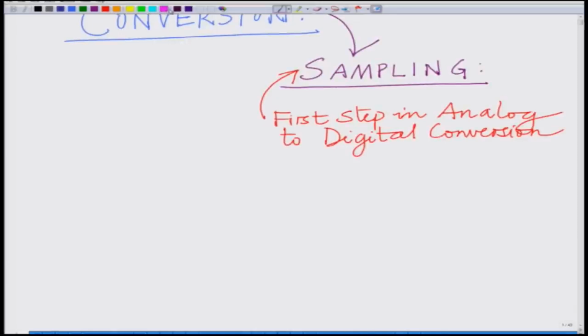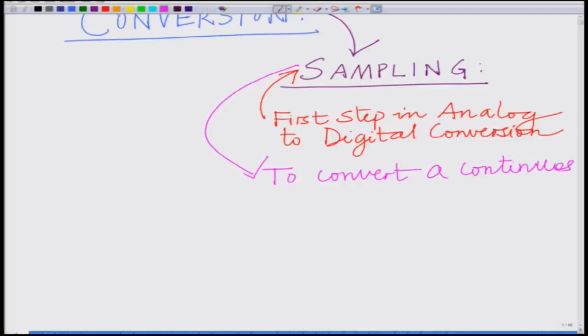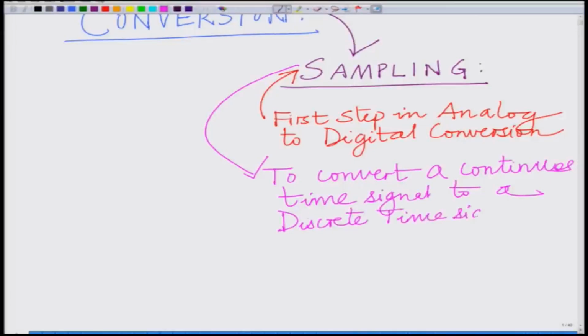The basic idea behind sampling is to convert a continuous time signal to a discrete time signal.